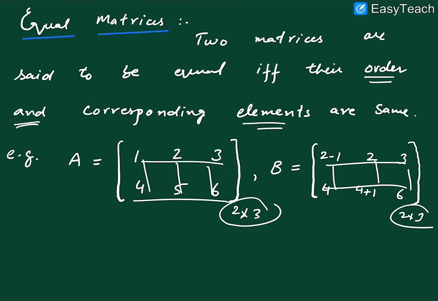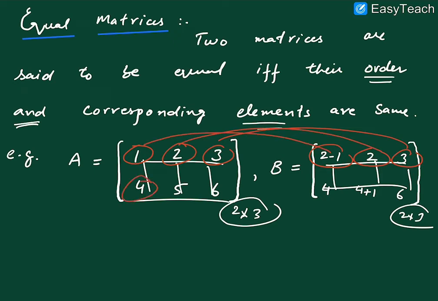Now we have to see whether corresponding elements are same or not. So 1 here and here also we have 1, 2 minus 1 is 1, here we have 2, here we have 2, 3 is the element of first row and third column, so here also 3 is same, 2 is same, 1 is same.